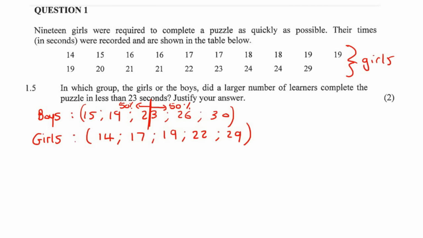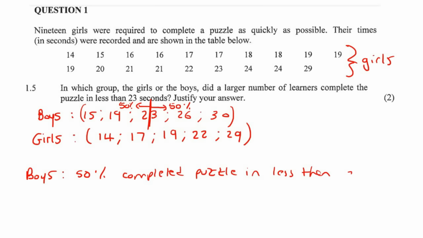So for the boys, what percentage of the learners completed it in less than 23 seconds? Well, that would be 50%. So for the boys, we can say 50% completed the puzzle in less than 23 seconds. I think the girls actually did a lot better.